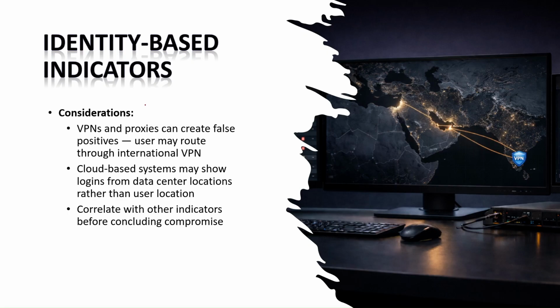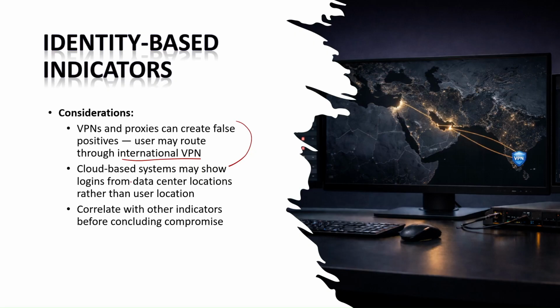Identity-based indicator considerations: we must include some considerations before saying that an indicator is a compromise. VPNs and proxies can create false positives. A user may route through an international VPN. So if the user was using resources from New York, and now the VPN location is set to London, this consideration must be kept in mind.